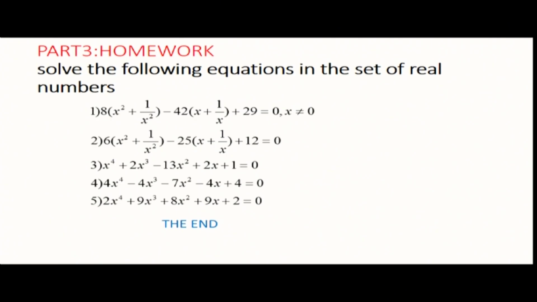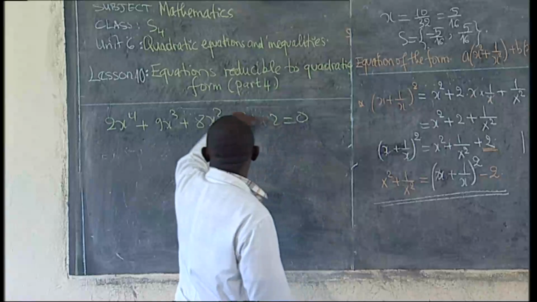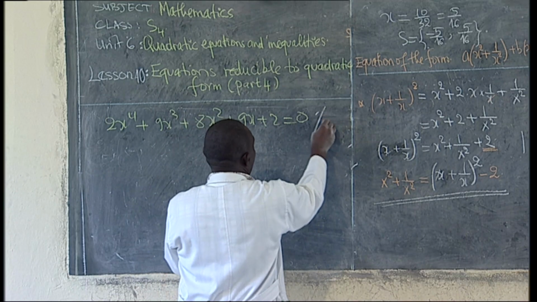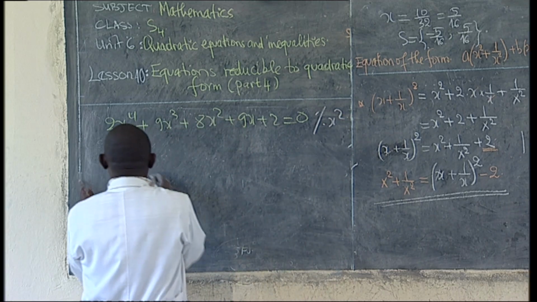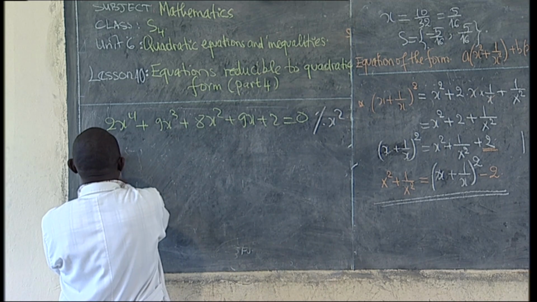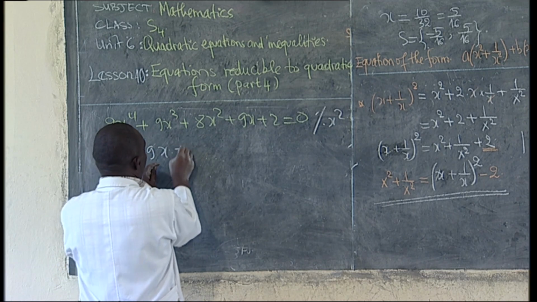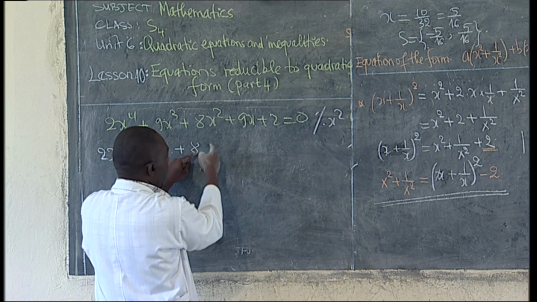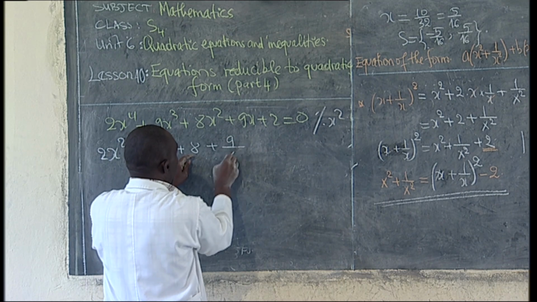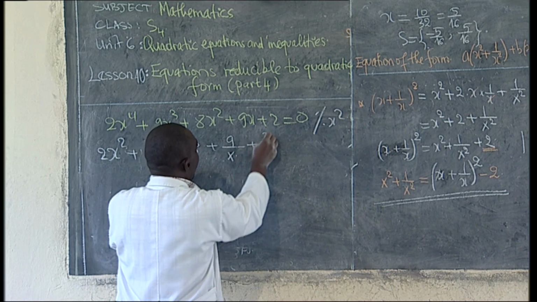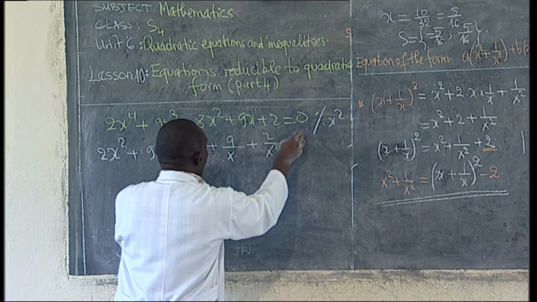To bring this equation to this form, you divide the whole equation by x squared. And you will get 2x squared plus 9x plus 8 divided by x squared is 8, plus 9 divided by x, plus 2 divided by x squared, which is equal to 0.